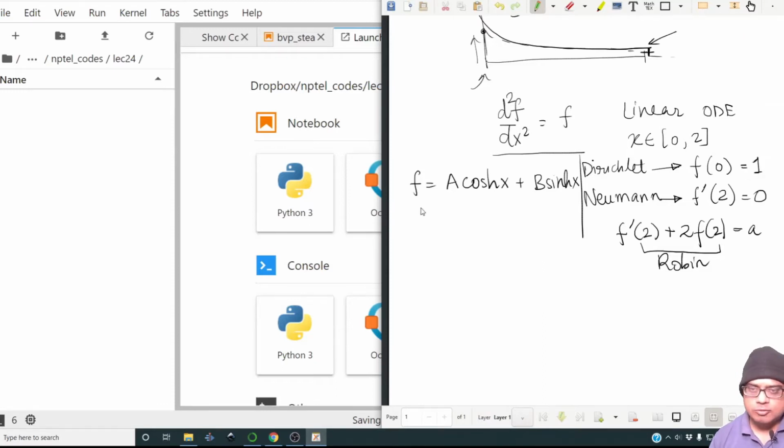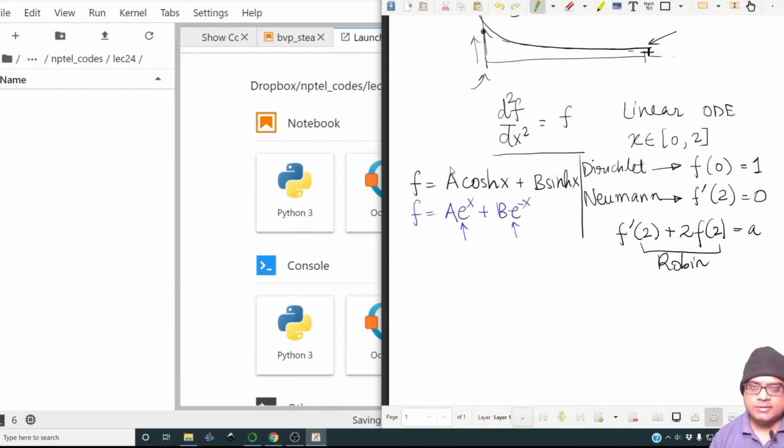You could also write the solution as a e to the power x plus b e to the power minus x, that is a linear combination of e to the power x and e to the power minus x, where the constants a and b are determined using the boundary conditions.